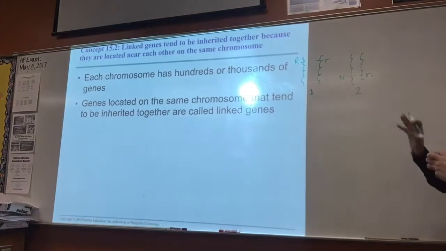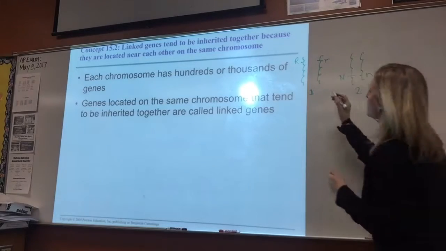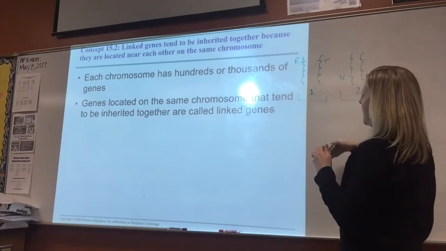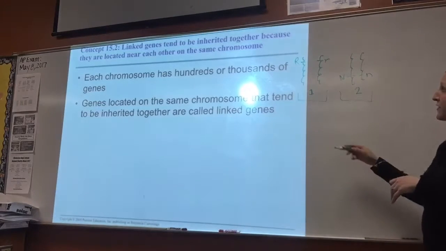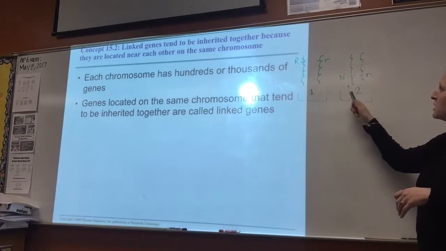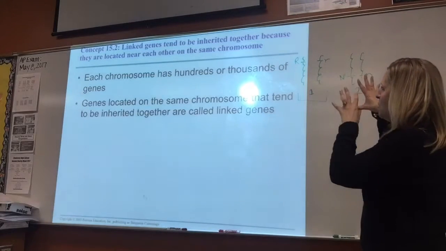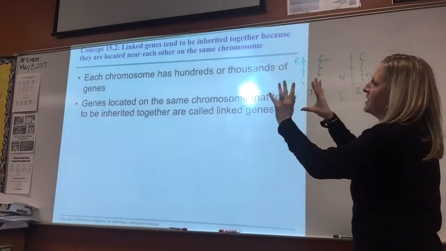So the R's and the N's, those genes are on 2 pairs of chromosomes. And that makes a difference, the unlinked, because when you go to make egg or sperm cells and therefore have kids, you're going to give one chromosome number 1 and one chromosome number 2 to your kids. We're going to see how this is different than being linked.